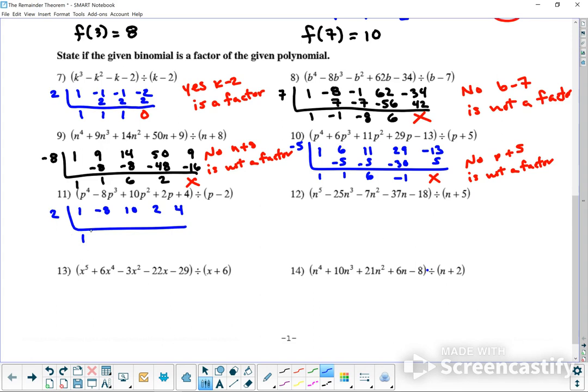So 1, that's 2, negative 6, that's going to be negative 12. That's going to be negative 2. That's going to be negative 4. Be negative 2 and negative 4. This one, get a 0. So I'm going to say yes. Yes, p minus 2 is a factor.